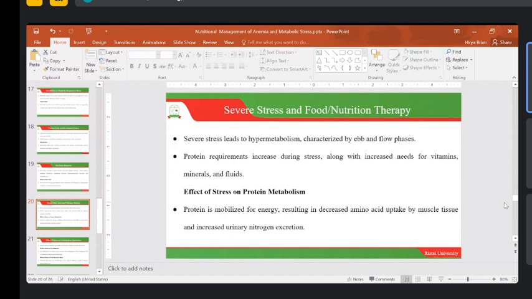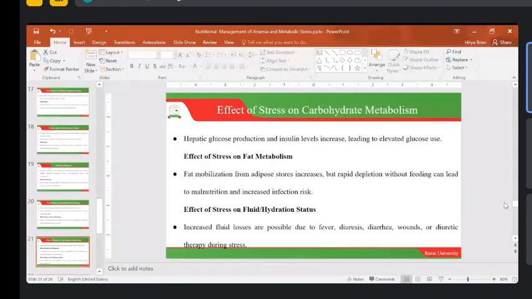And for the effect of stress on protein metabolism, we are looking at protein being mobilized for energy, which shouldn't happen, resulting in decreased amino acid uptake by muscle tissue and also increased urinary nitrogen excretion, like we saw during the kidney disease. Effects of stress on carbohydrate metabolism: here hepatic glucose production and insulin levels increase, leading to elevated glucose use. And the effect of stress on fat metabolism: we are looking at fat mobilization from adipose stores.